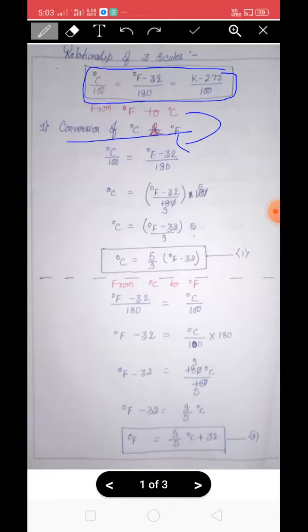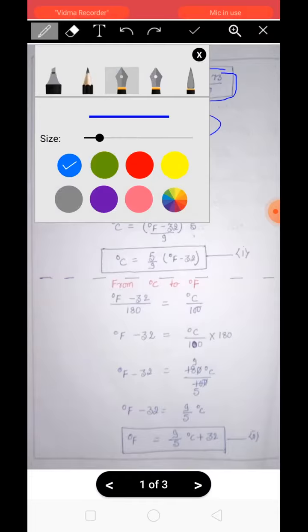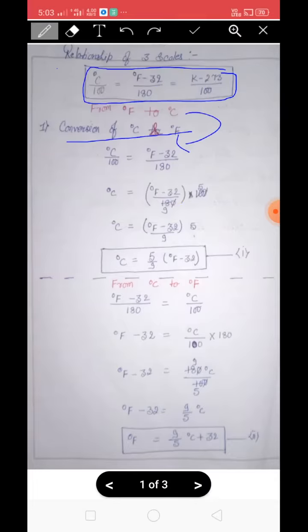So we will write only this part of the equation. Why? Because we are going to convert from one to another. So we have written it over here. Understood? Now after that we will solve it and make the degree centigrade alone. Why? Because we need to derive a formula in which we can convert degree Fahrenheit into degree centigrade.